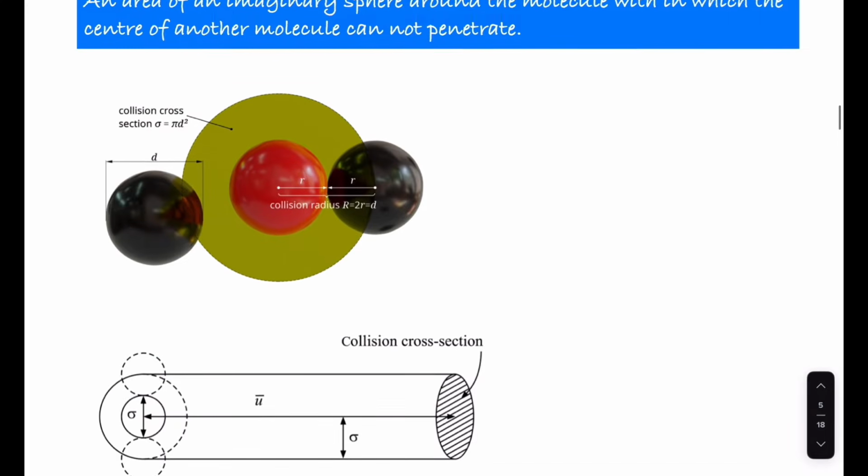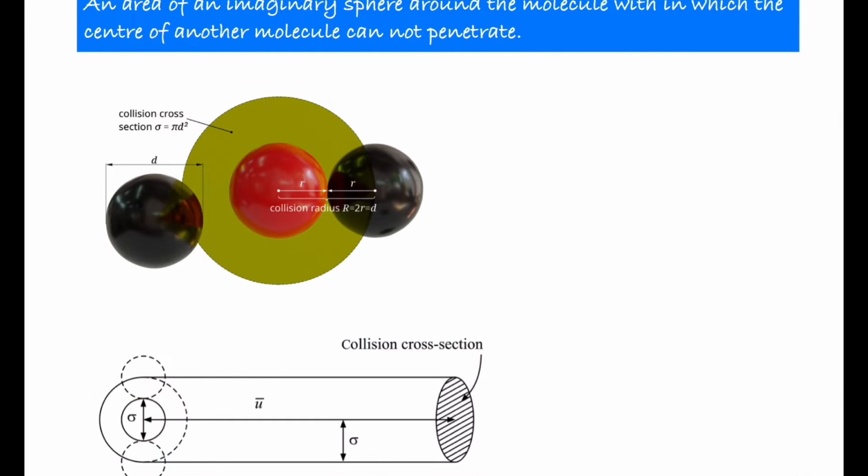And what is its significance if you see? So this is the gas molecule around which the imaginary sphere is drawn, and this is the surrounding molecule. If the center of a surrounding molecule is exactly lying on the border of that particular imaginary sphere, there will be molecular collision.